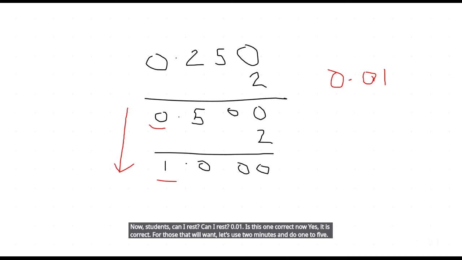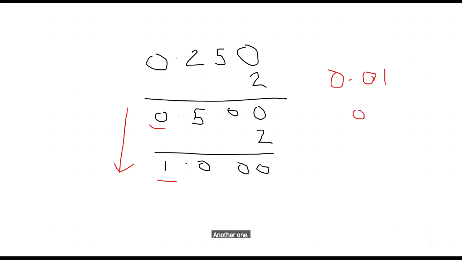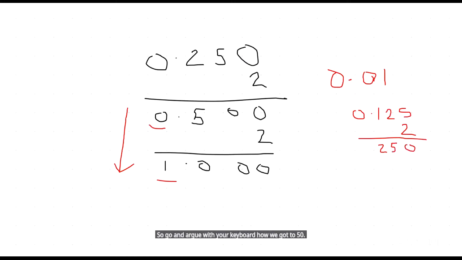Another one, 0.125. So I will be pretty quick. 5 times 2. Just let me write what the answer here is. So go and argue with your keyboard how we got 0.250. So we keep this, and we continue to multiply by 2.